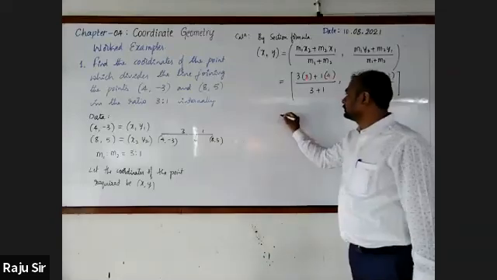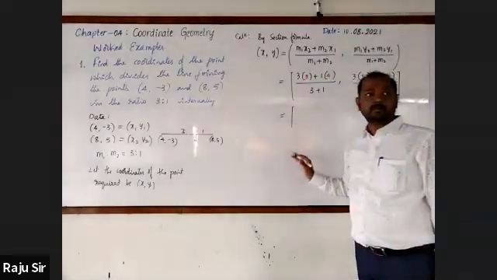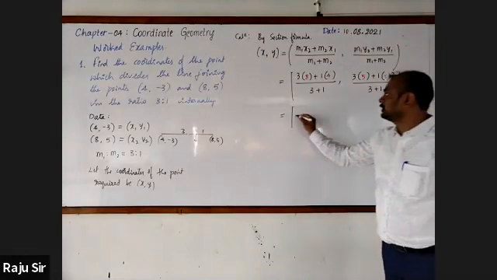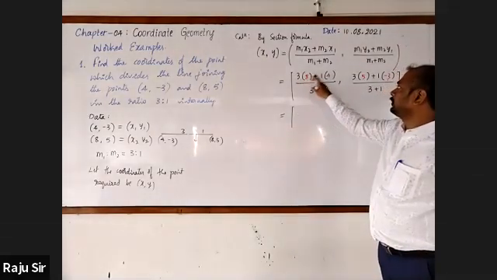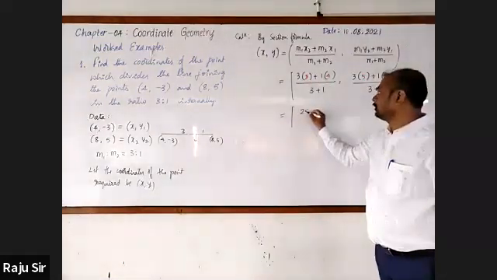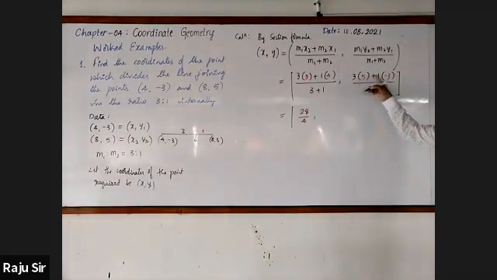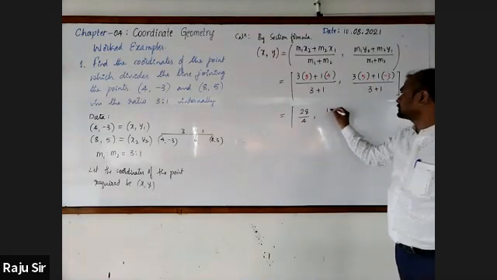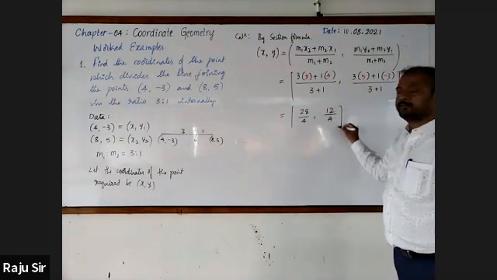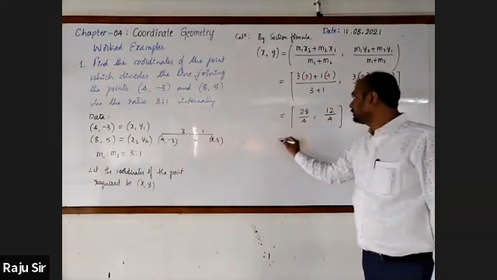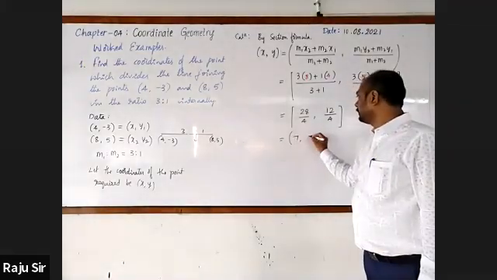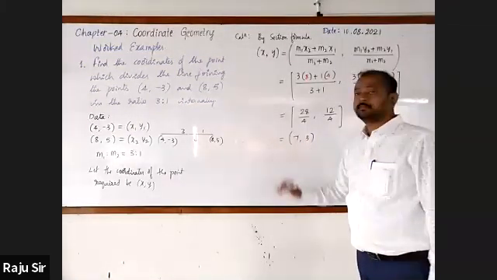Next step: 3 8s are 24, 4 1s are 4, it will be 28 by 4. Next, 3 5s are 15, minus 3, it is 12 by 4. 28 by 4 is 7. 12 by 4 is 3.